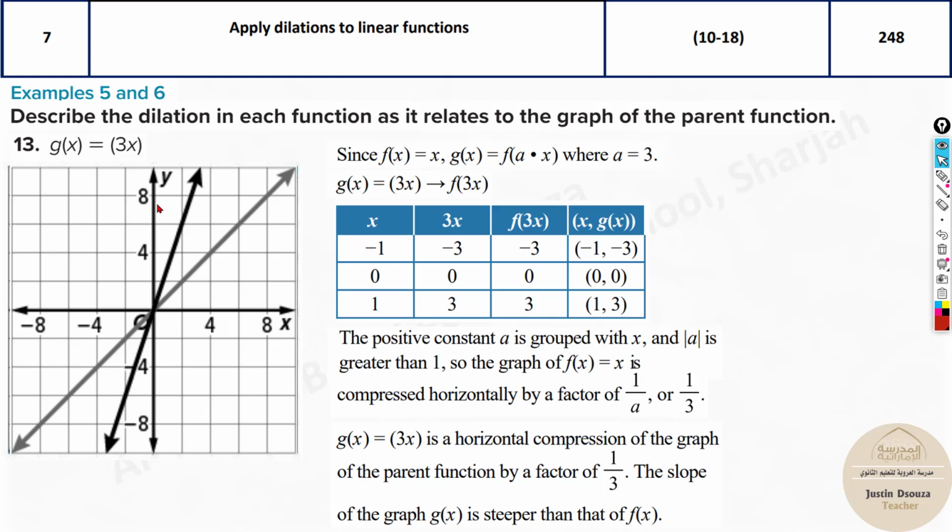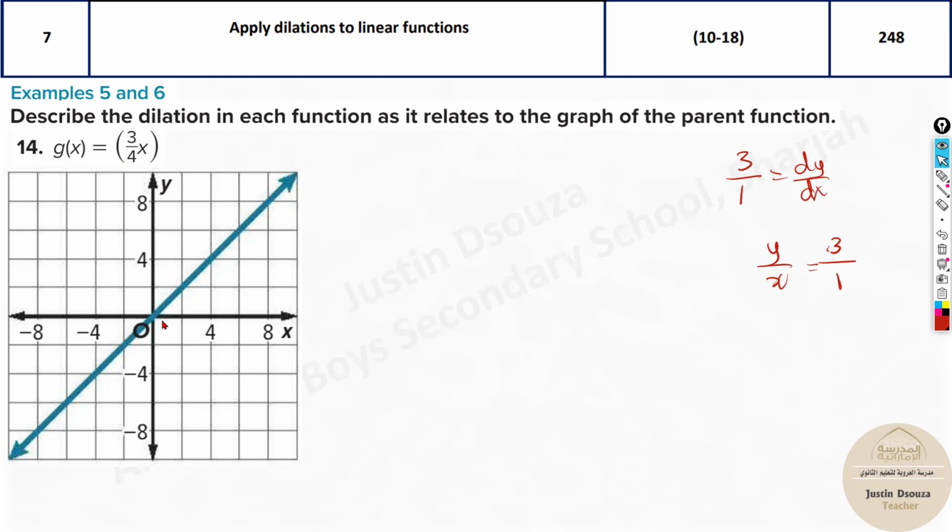1, 1, 2, 3. Why? Because 3 has no denominator. See, 3 by 1. So dy by dx. Or you just understand y-axis by x-axis is the slope. Okay, now the slope is 3, that is the numerator, by 1. And now then what else? Over here it's 3 by 4. That means x-axis is 4, y-axis is 3.